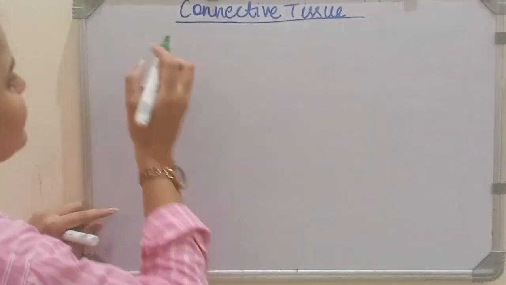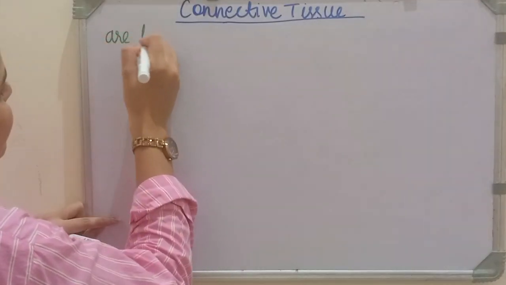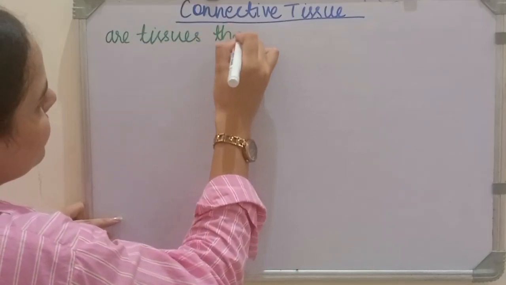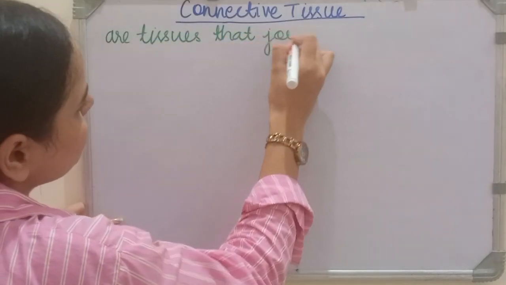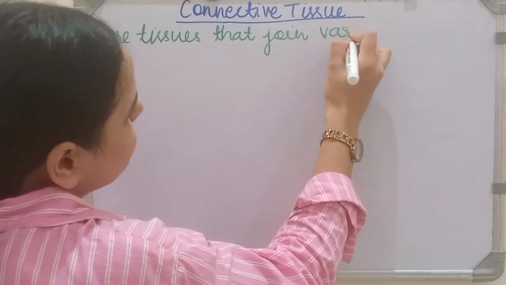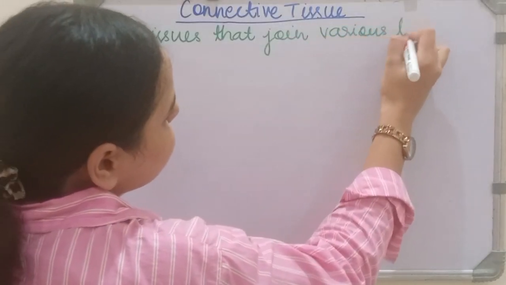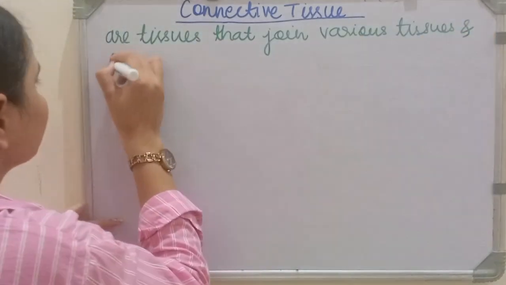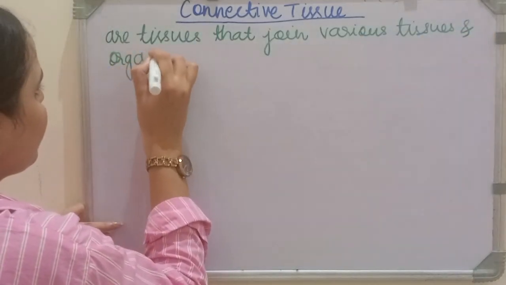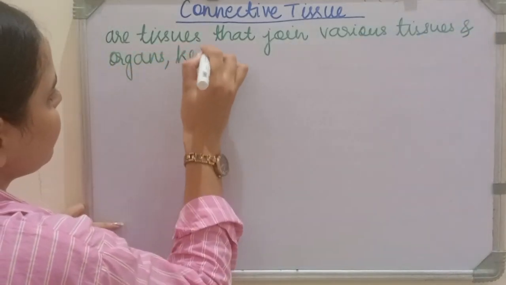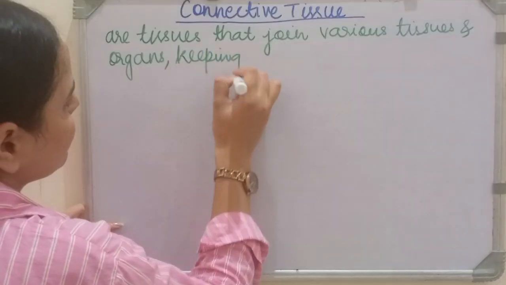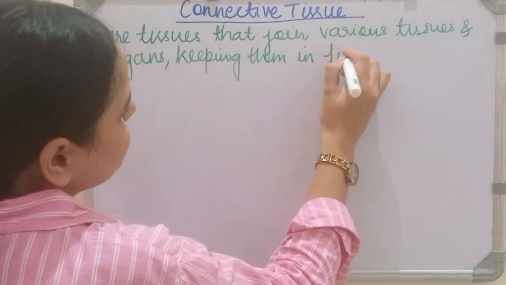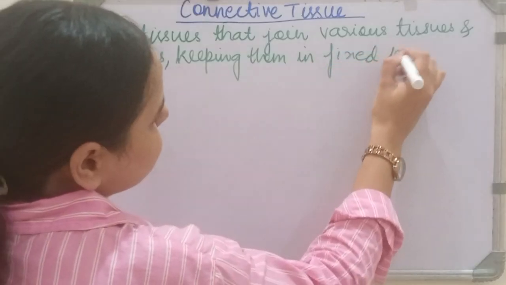Connective tissues are tissues that join various tissues and organs, keeping them in fixed positions.